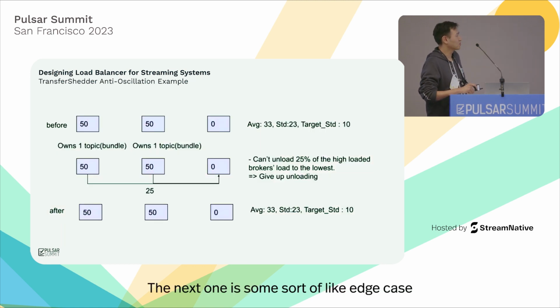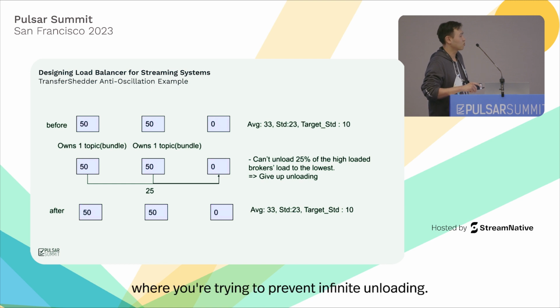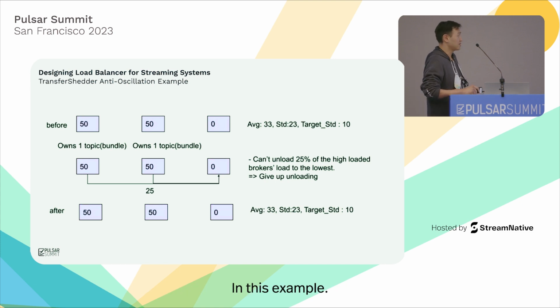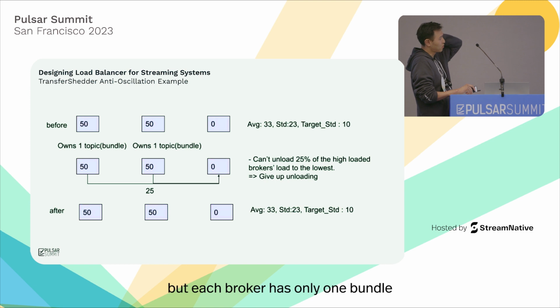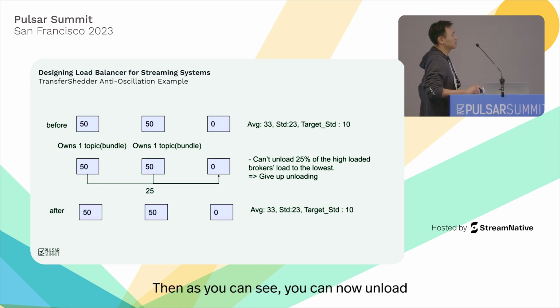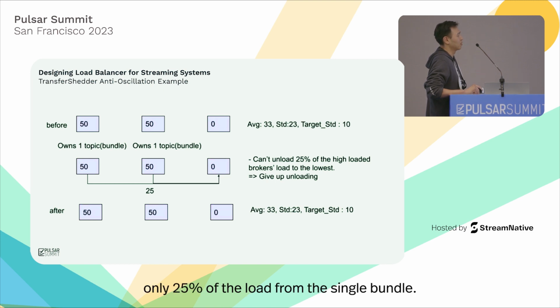The next one is an edge case where we're trying to prevent infinite unloading. In this example, let's say we have three brokers, but each broker has only one bundle and one topic inside. Then as you can see, we can now unload only 25% of the load from the single bundle.